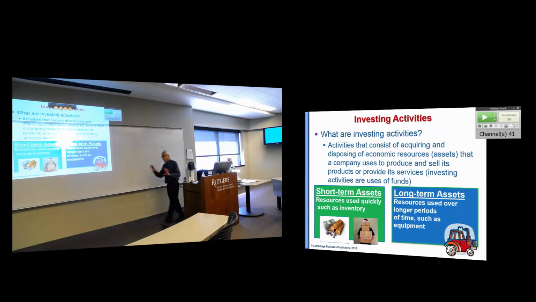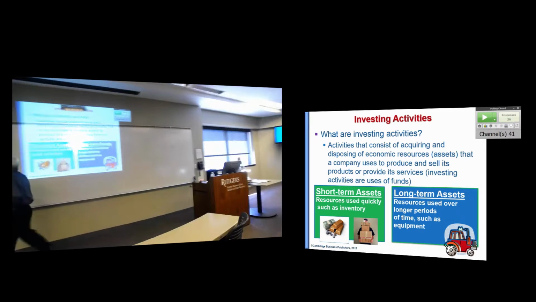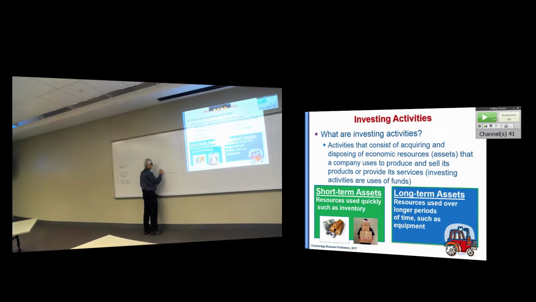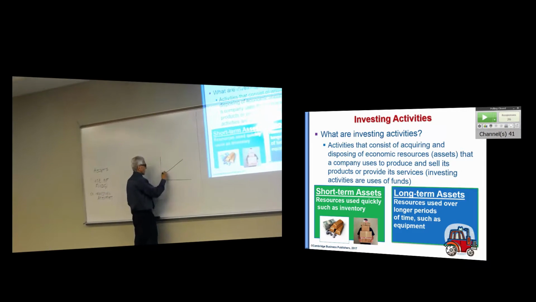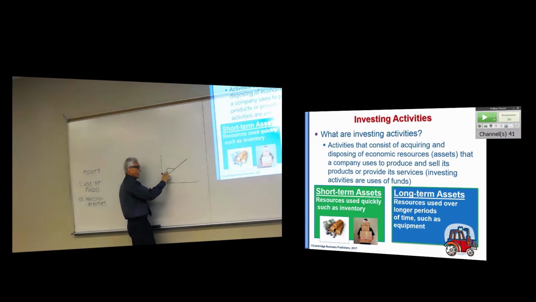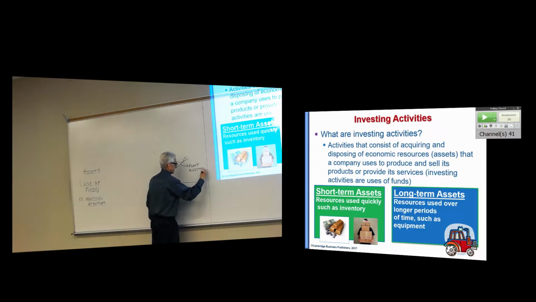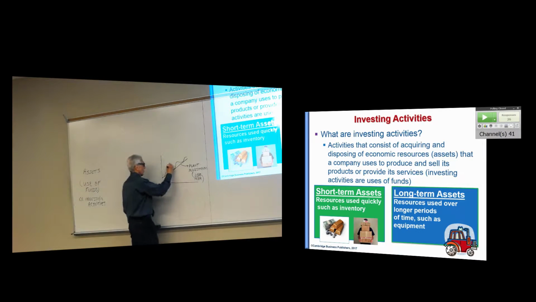So if you look at, again, nothing to worry about right now, but if you look at the way a company is going to grow over time, for the short-term assets, you're going to buy inventory and sell it, for example, and you'll have many cycles over time, and the longer-term assets would be here. So this would be more like your plant investment. This would be more long-term. And short-term, this would be something like inventory.